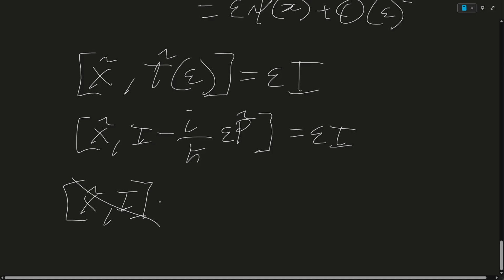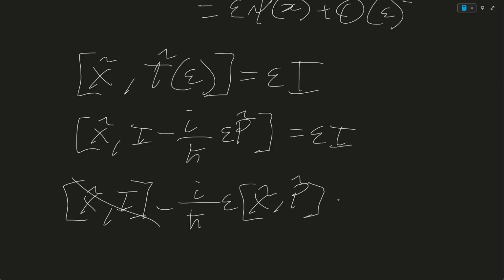So that cancels, minus i over h bar epsilon xp. This is epsilon I as well.